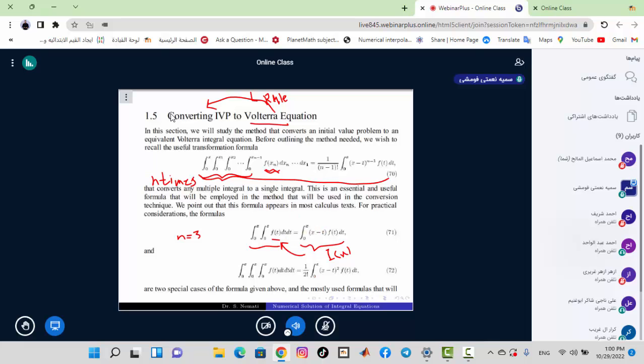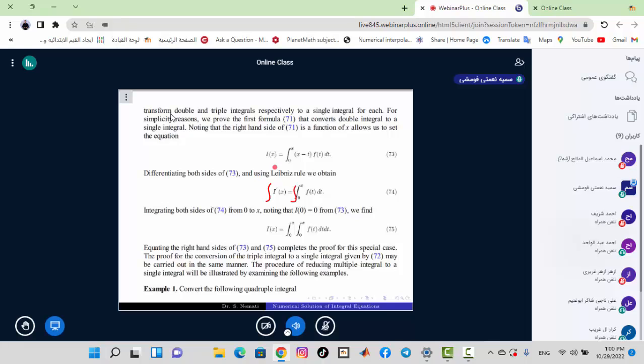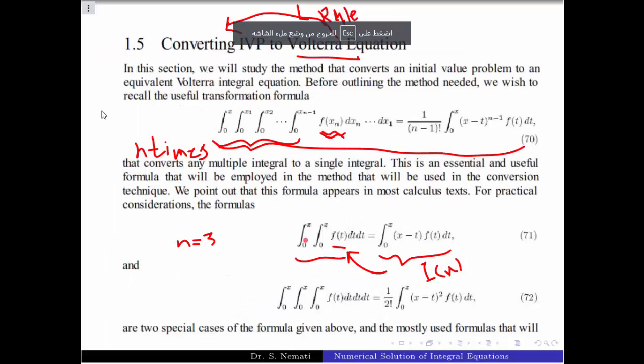So first it takes the derivative of this relation, and then it takes integral to obtain the left hand side of the formula. Did you understand how it proved this formula?